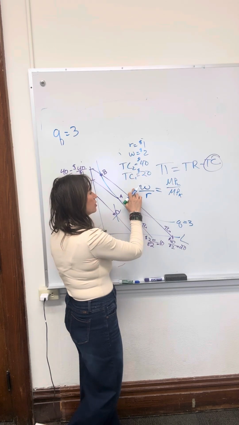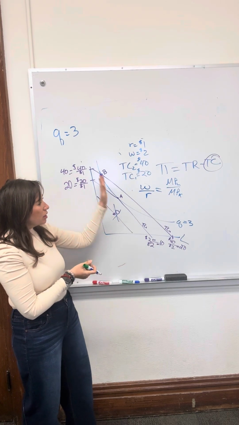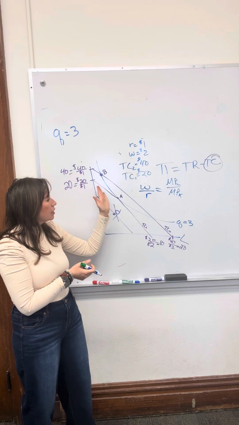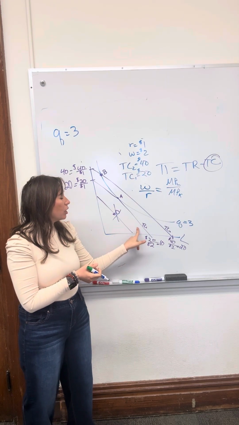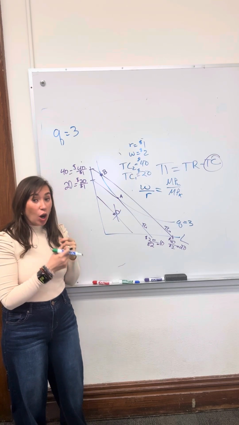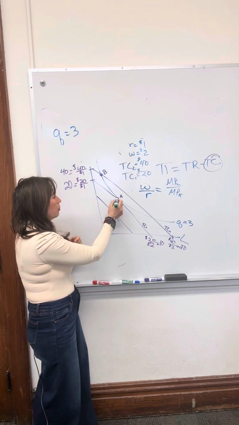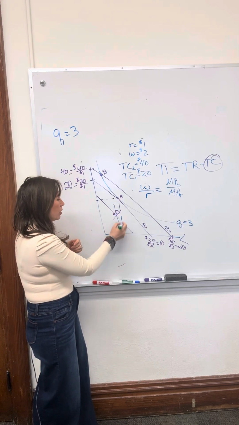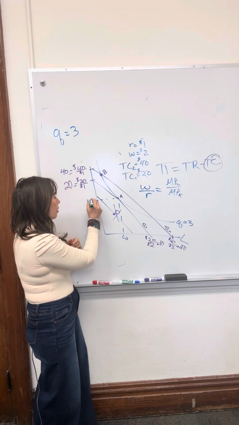The negatives can cancel each other out. So this says that the slope of the isoquant is exactly equal to the slope of the isocost at point A, and that is where the cost minimizing combination of labor and capital occurs.